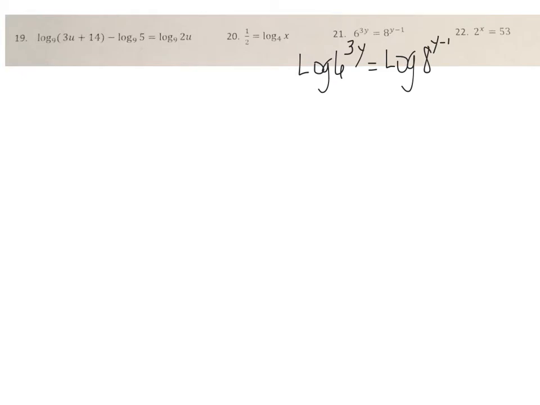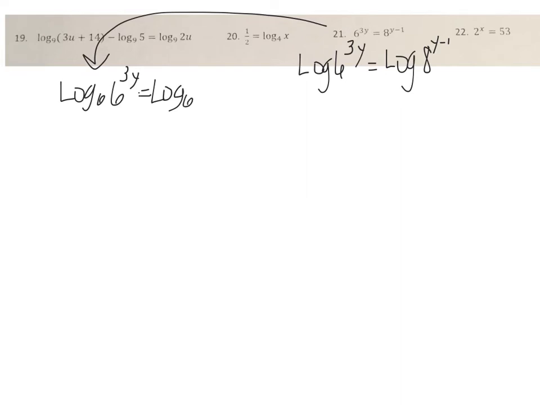Now another option is to take the log base 6 of 6 to the 3y equals the log base 6 of 8 to the y minus 1. I'm going to show you both methods. Both answers are correct. You'll notice in our solutions that we do it a little bit differently by getting a decimal first, and that's not how we're showing you to do it this year because we want to make sure you can write it in the exact answer form.